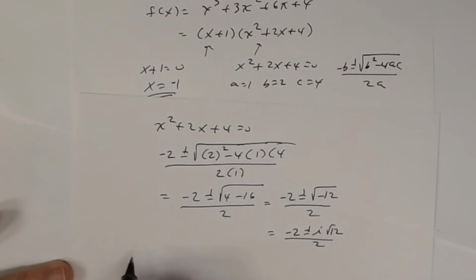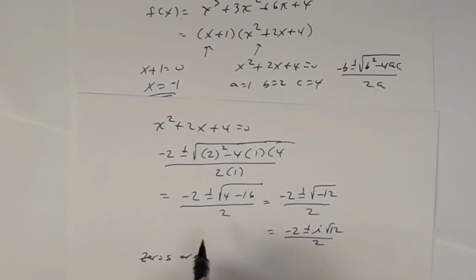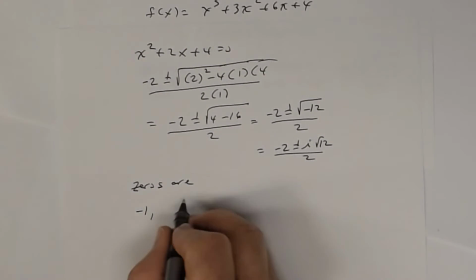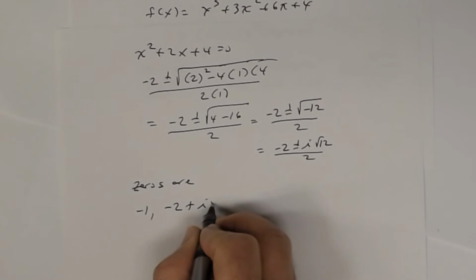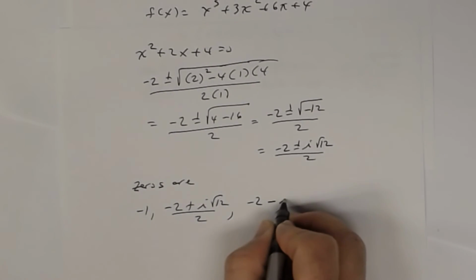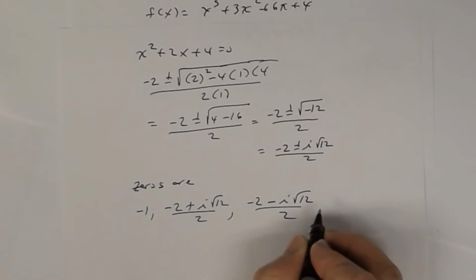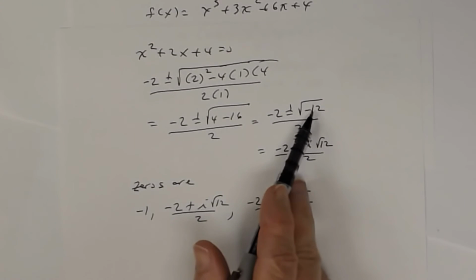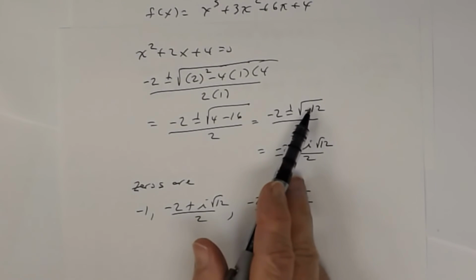So the zeros are: the first one was negative 1, and then your other two are negative 2 plus i square root of 12 divided by 2, and negative 2 minus i square root of 12 divided by 2. All right, so I did need you to know that the square root of negative 1 is i.